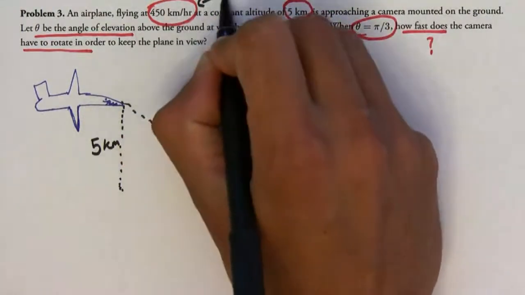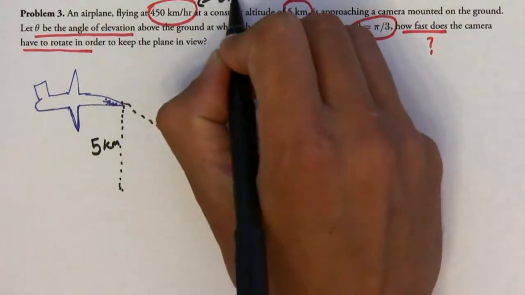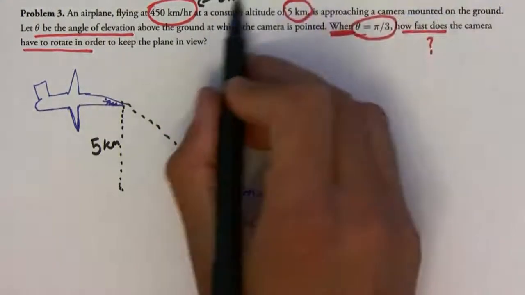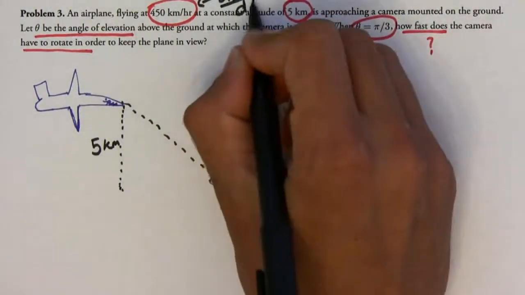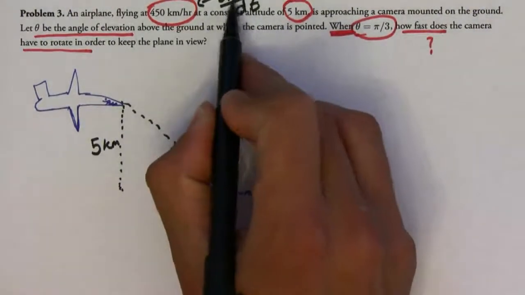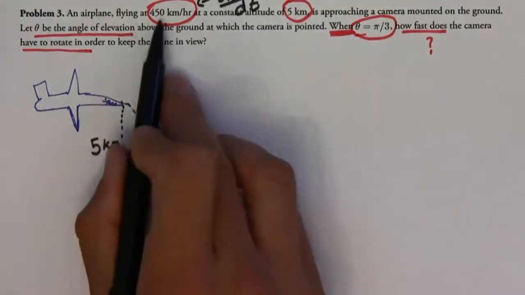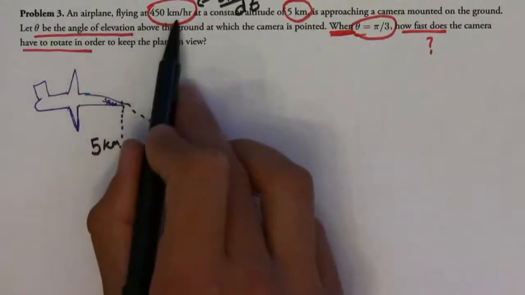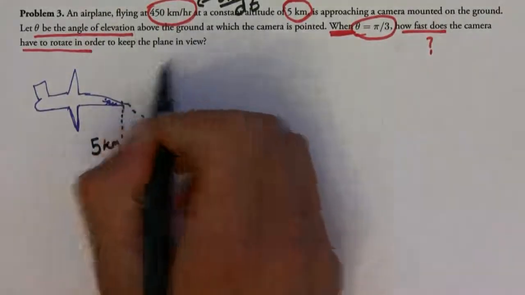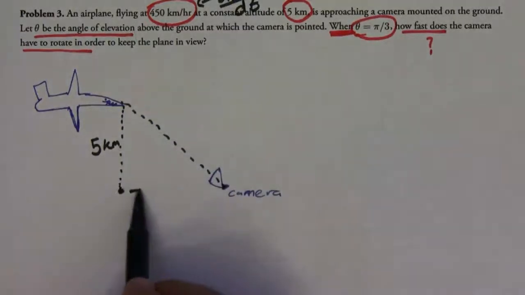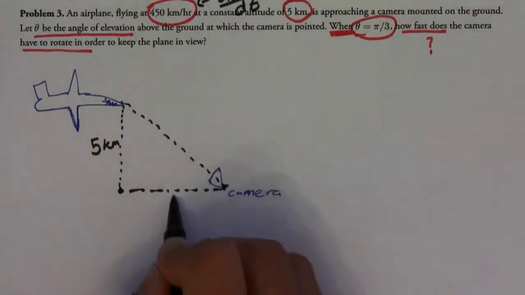So this is going to be the derivative of, let's just call it A for airplane, with respect to time, because time is in hours. But now this A has to correspond to this rate. So this is the rate at which the plane is flying, so that means that A would have to be the distance from the plane to the camera. So this would have to be A.